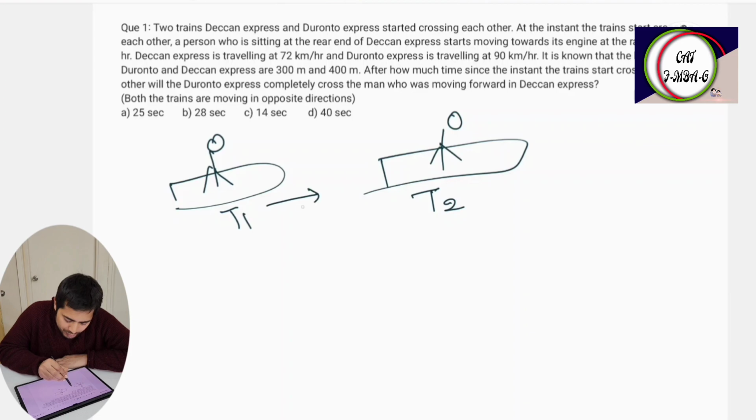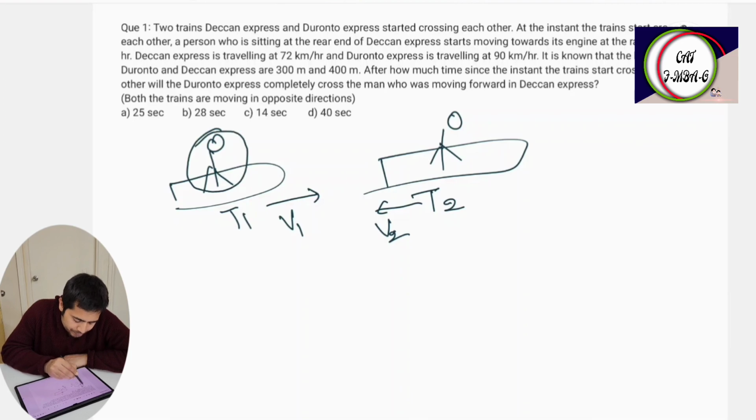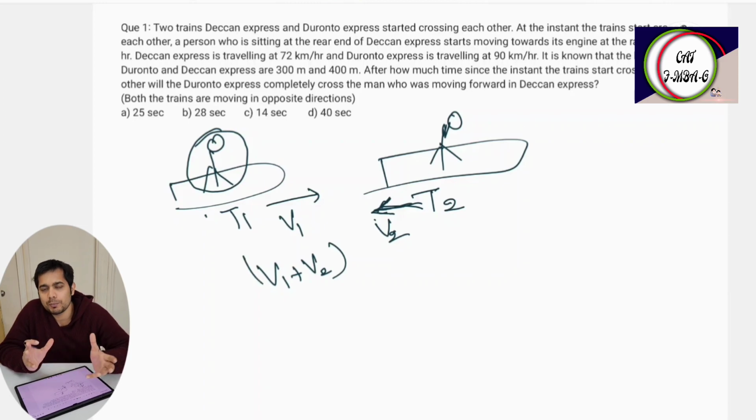Whenever we are talking about speeds v1, v2, instead of calculating for different parts, what we assume is that this person is stationary. So the speed of train 2 will be transferred to the speed of this person. It will become v1 plus v2, because they are traveling in opposite directions. If they are traveling in the same direction, then the difference of speed is taken.